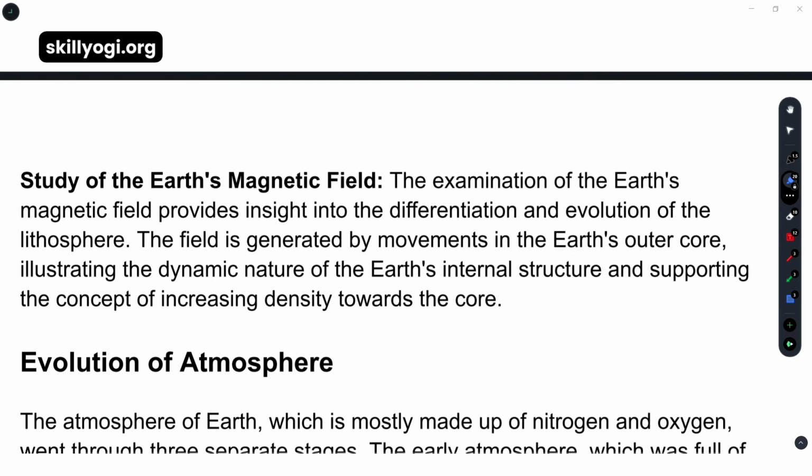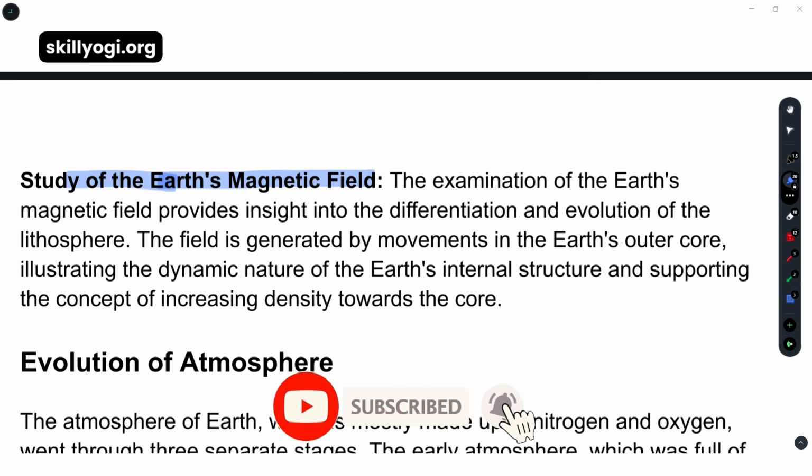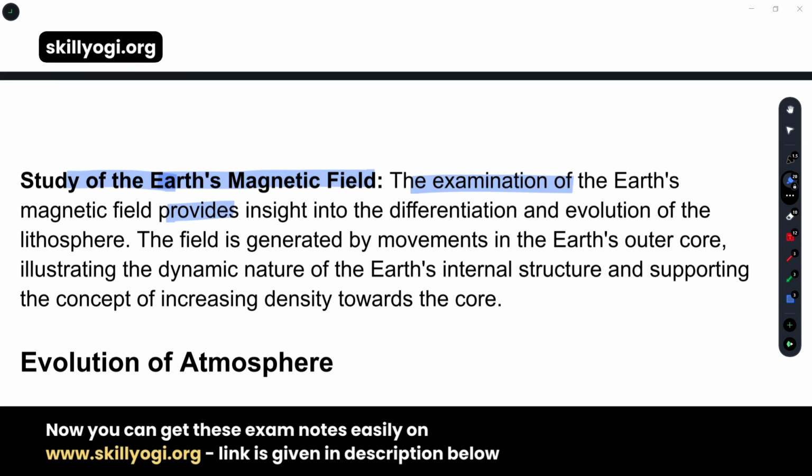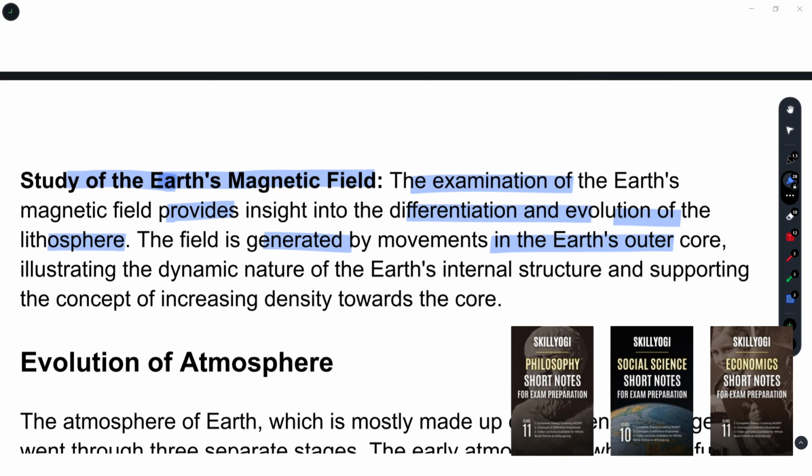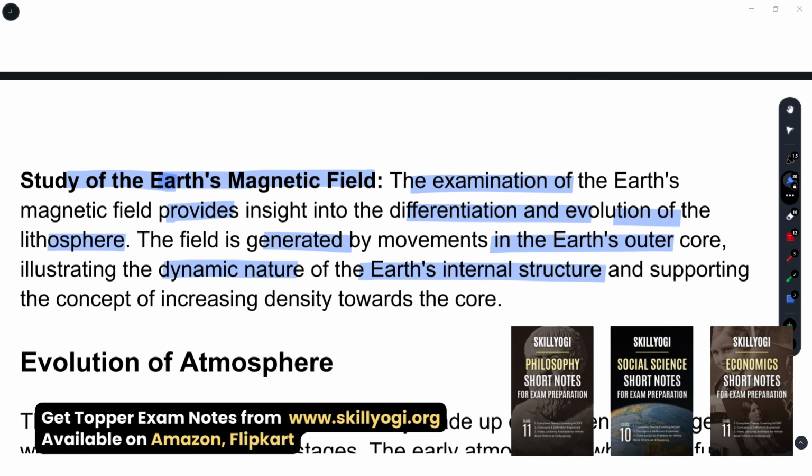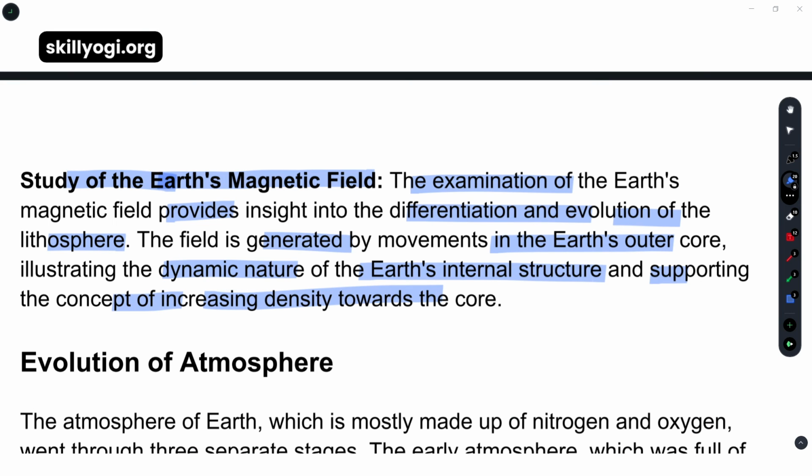Study of the earth's magnetic field. When we do the iron related study, that means we have to understand the earth's magnetic field. The examination of the earth's magnetic field provides evidence of the differentiation and the evolution of the lithosphere. The field is generated by the movements of the earth's outer core, and it illustrates, that means explains, the dynamic nature of the earth's internal structure and supports the concept of increasing density towards the core.